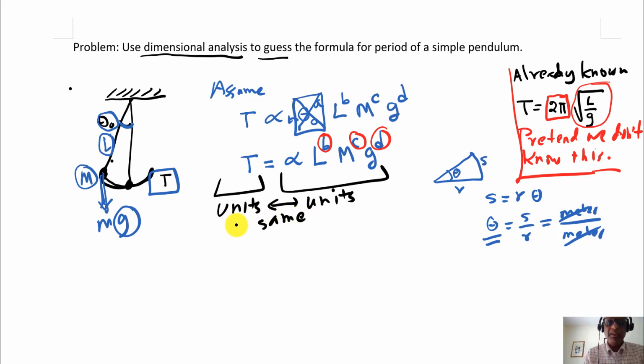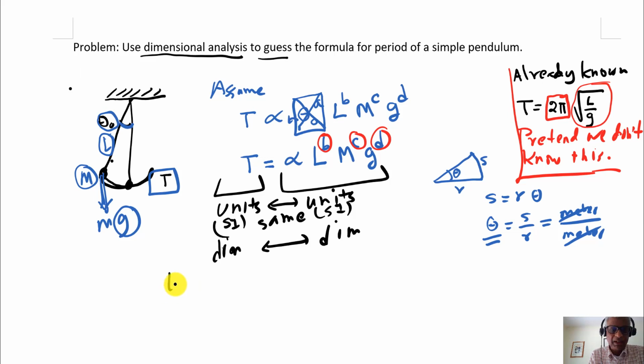So we can work in units, or we can work with what is called dimensions. Dimension on this side is dimension on that side. So let me tell you how dimensions and units are related. You might use SI units.